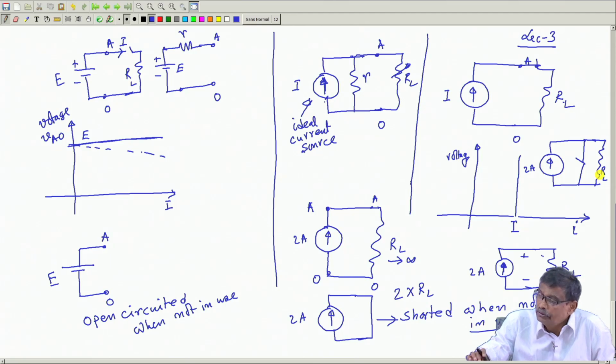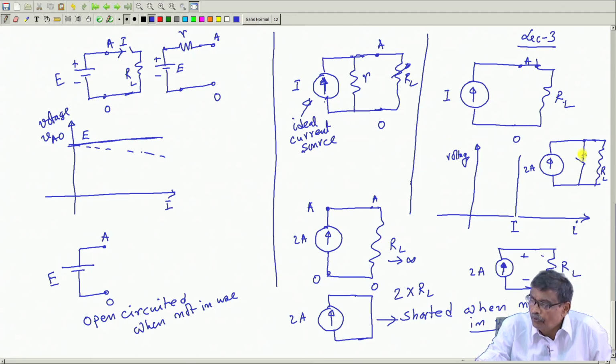When you do not want to deliver power to RL, it should be shorted. What is the voltage between these 2 points? 0. 2 ampere will circulate here, because it is 0 resistance shorted, no power is delivered to the load. When you want to deliver power to RL using this current source, open this.